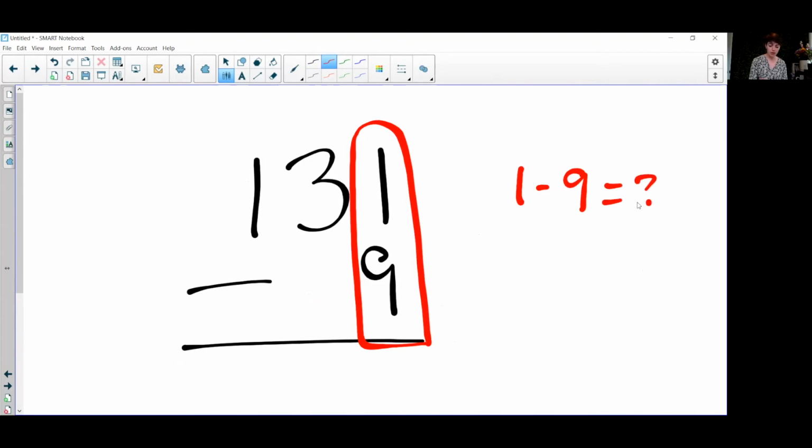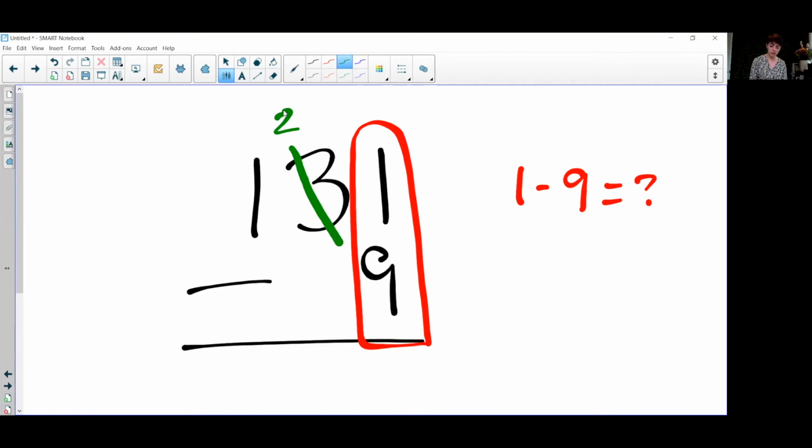It's completely impossible. So what you have to do is regroup. Keyword, kids: regroup, regroup, regroup. This is a word you definitely need to go to 4th grade with. So we go over to our tens place. We leave 2 10s behind. We regroup 1 10, and now what we have is 11 minus 9, which actually is possible, something that we can do.